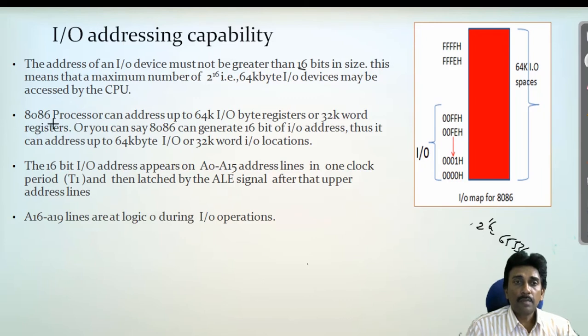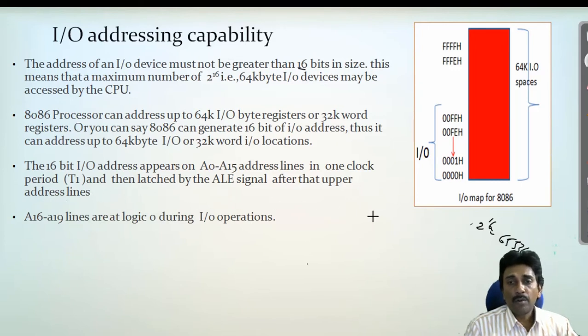The 8086 microprocessor can address up to 64 kilobyte IO byte registers, or you can say 32 kilo word registers. In other words, 8086 can generate 16-bit IO addresses. Thus it can address up to 64 kilobytes of IO or 32 kilo word IO locations. The 16-bit IO address means A0 to A15 address lines in one clock period T1, and then latched by the ALE, after that the upper address lines.